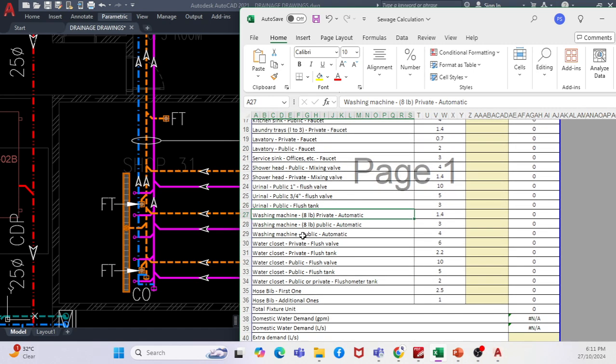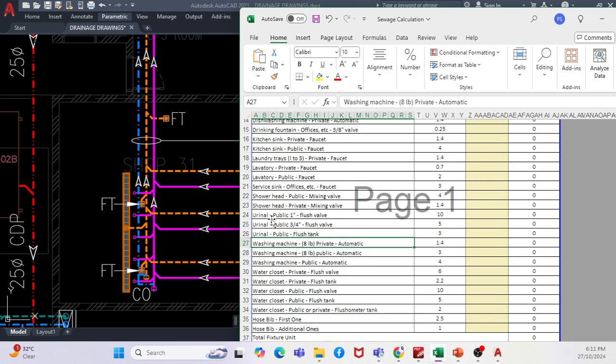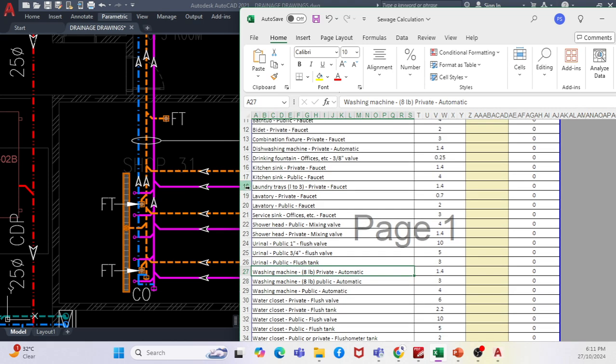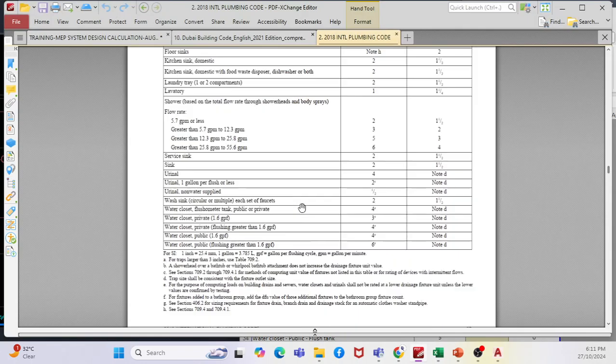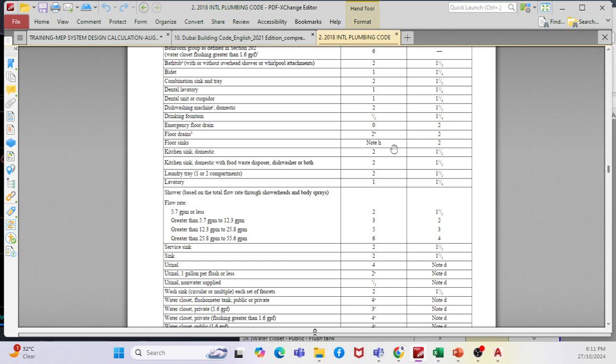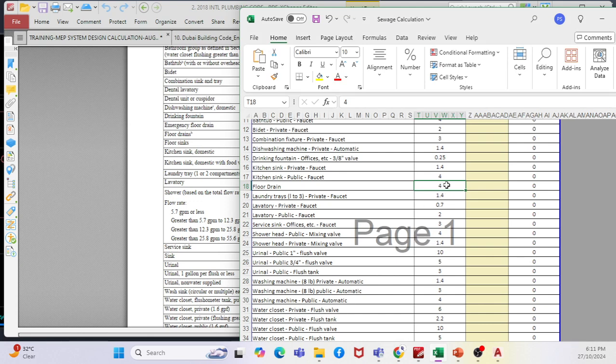Sorry, the floor drain value is not given here, but we can add it because this is as per IPC only. I will add one floor drain here. What is the floor drain value as per IPC? Floor drains are 2 DFU, so I will provide 2 DFU here.